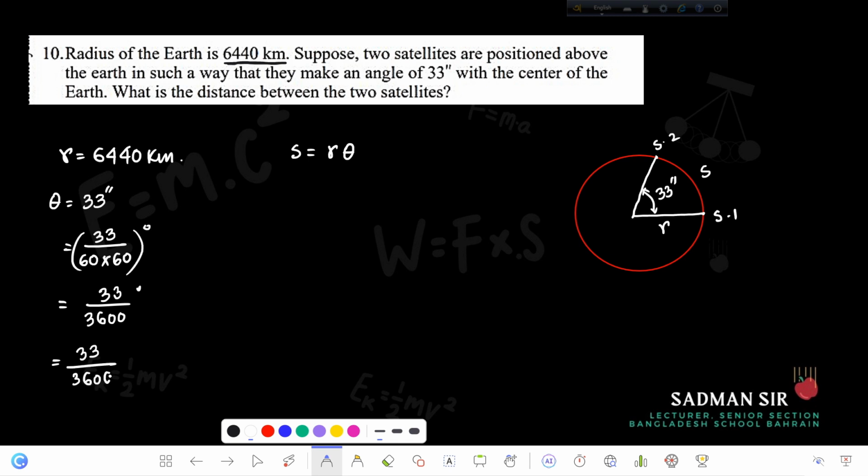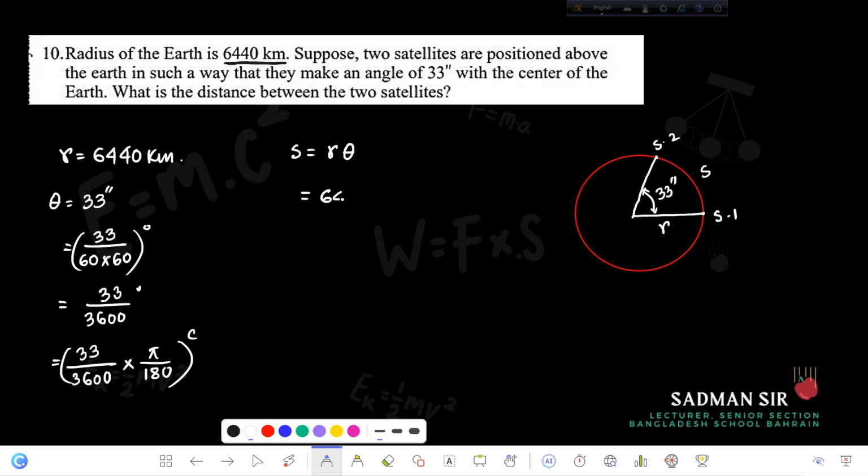The conversion from degree to radian is done by multiplying by pi divided by 180. Let us keep it in this way. No need to write the final answer here because this is not our final answer anyway.